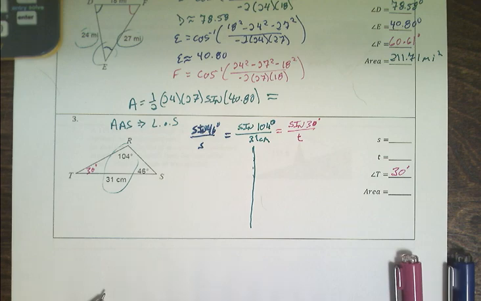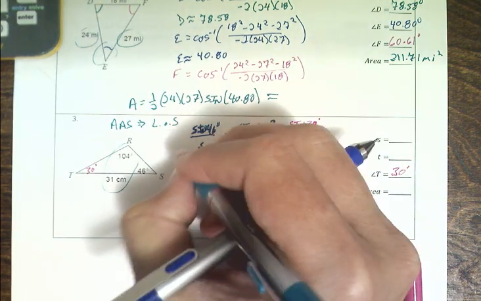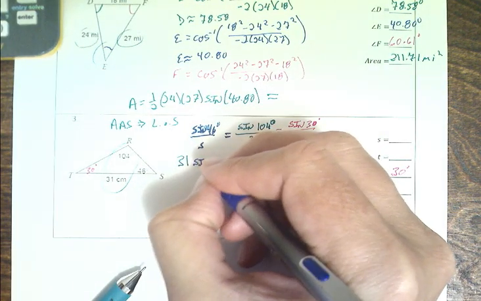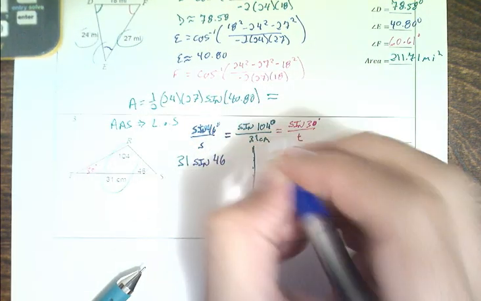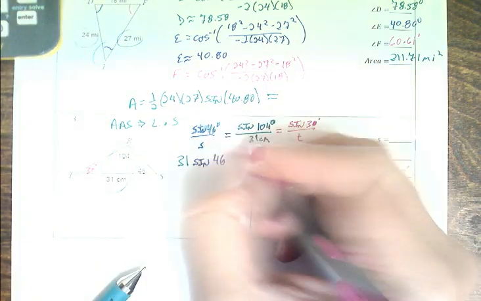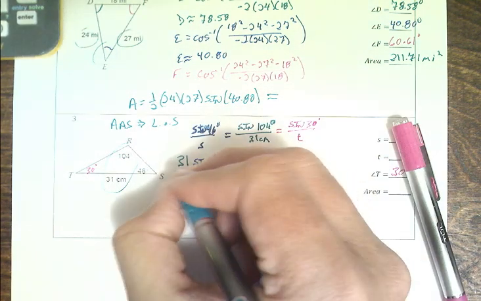Okay, so let's cross multiply here. We will have 31 times sine of 46. So 31 is cross multiplying, and then we're going to end up dividing by sine 104.